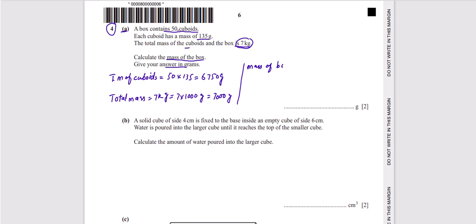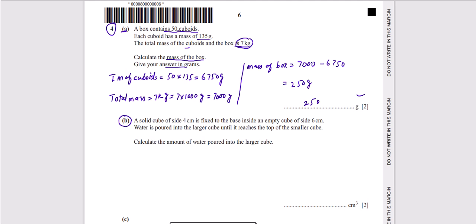Mass of the box is equal to 7000 minus 6750. So we get 250 gram. Our final answer, 250 gram.